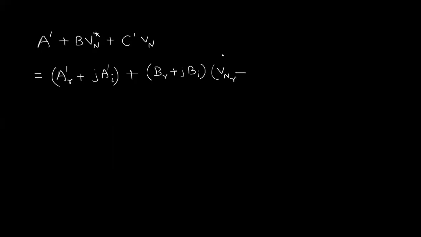And since it is conjugate, the imaginary part will be minus Vn imaginary, plus C dash real plus j C dash imaginary. And here we have Vn real plus j Vn imaginary.